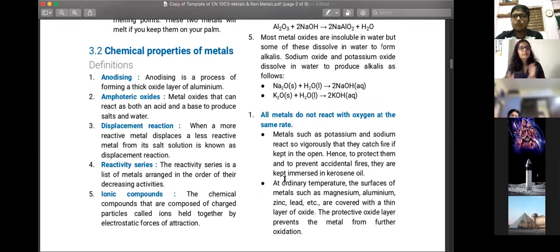And three, all the properties of metals arise because of the free electrons. So be it luster, be it conductivity, be it sonorous nature, be it malleability, ductility, whatever property you have, it's all because of the free flowing electrons in the metal crystal.